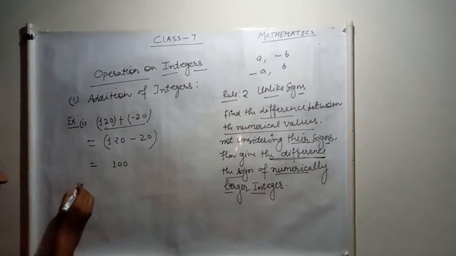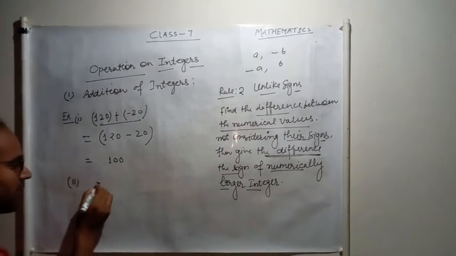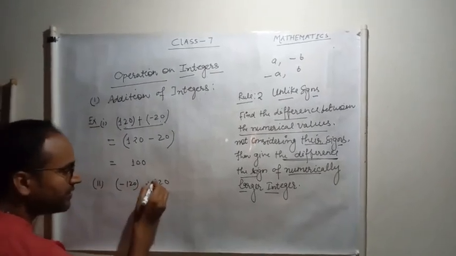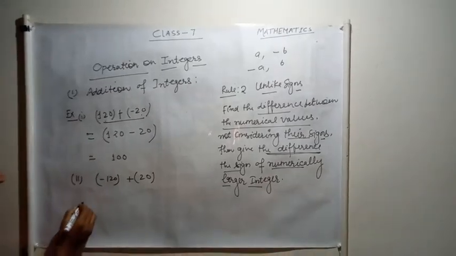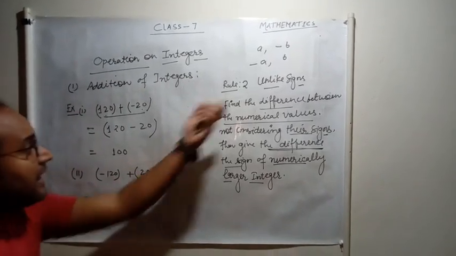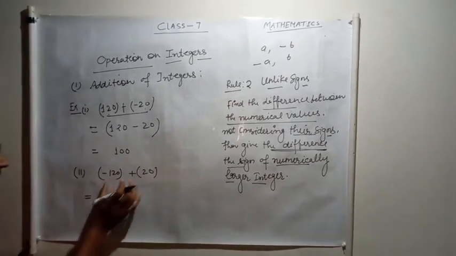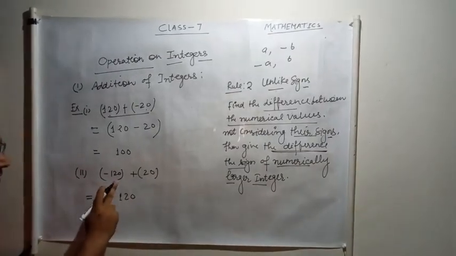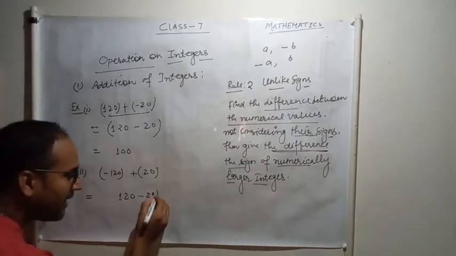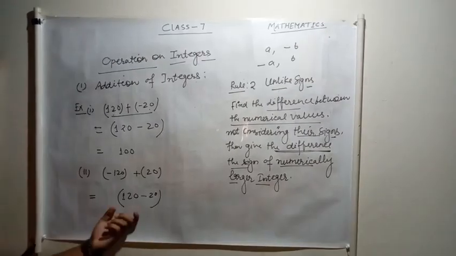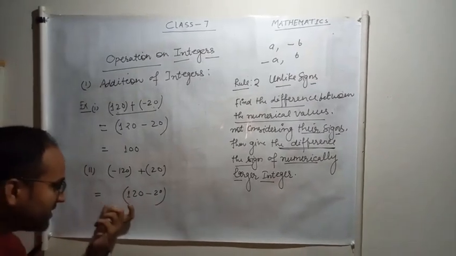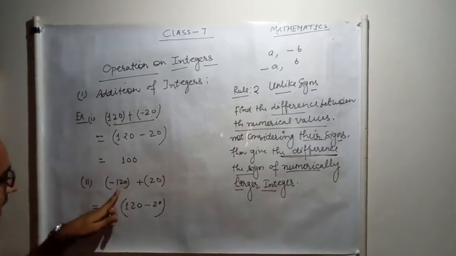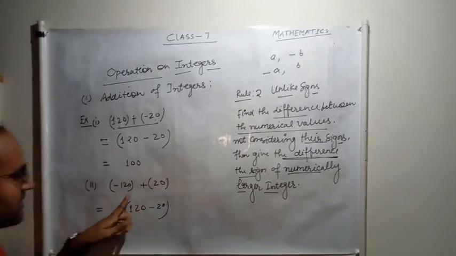Second example: minus 120 added to 20. It is also very easy. For unlike signs, we find the difference of 120 minus 20, and then put the sign of the larger value before the difference. Which is larger, 20 or 120? 120.